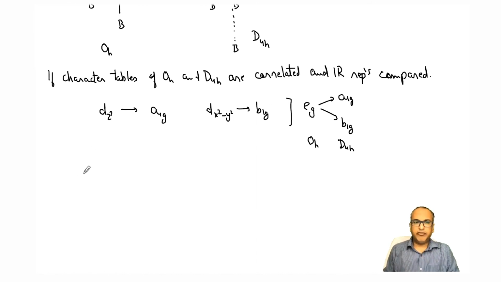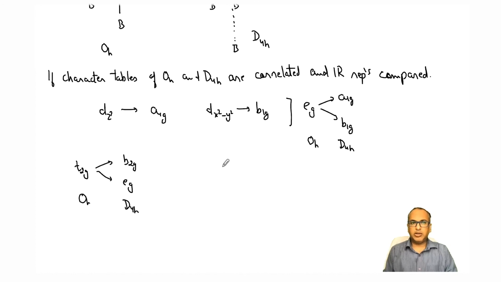Similarly, the t2g set of orbitals correlates to B2g and Eg. That means two of the orbitals are still degenerate, one has lost degeneracy, but all three are not degenerate from Oh to D4h.